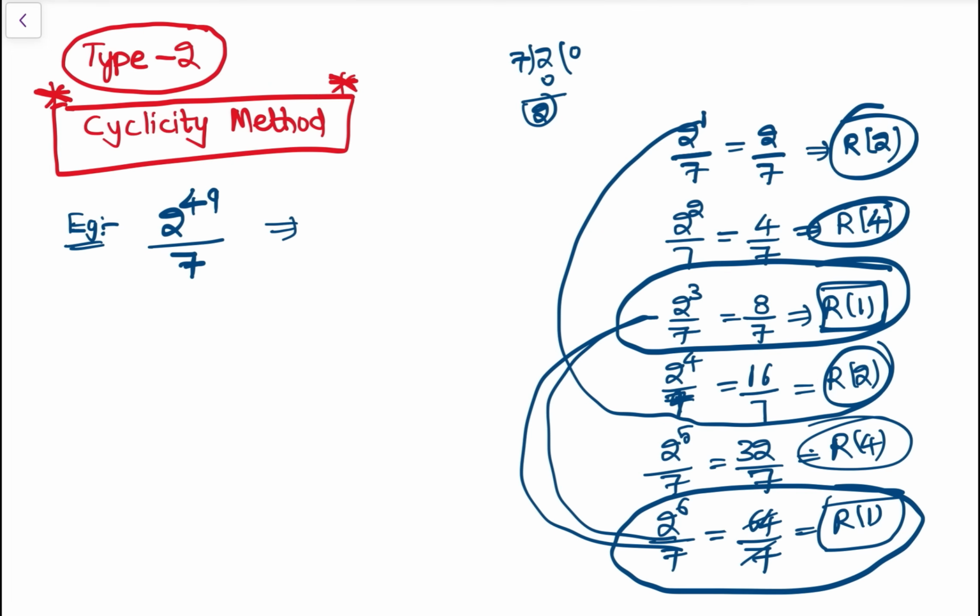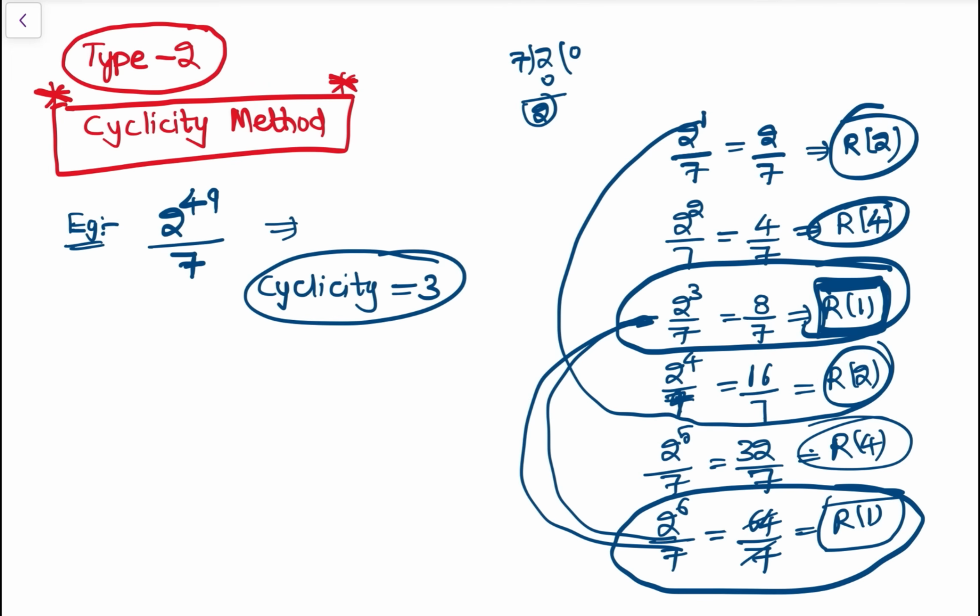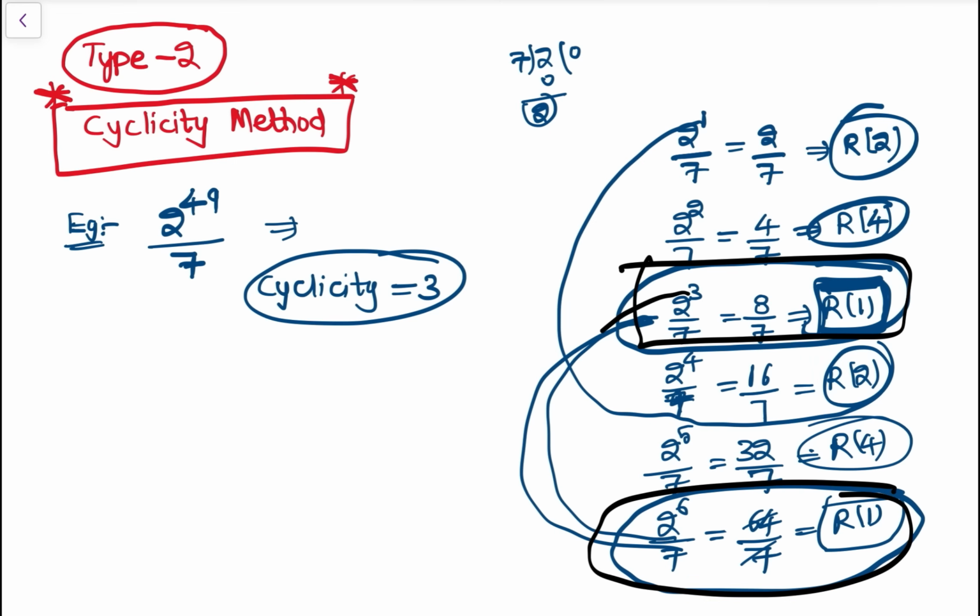So that means हमें remainder 1 से deal करना easy हो जाएगा. So we can take cyclicity of this expression as 3, because 3 में we are getting remainder 1. फिर 3 के बाद remainder 1 आ जाएगा, फिर 3 के बाद remainder 1 आ जाएगा.